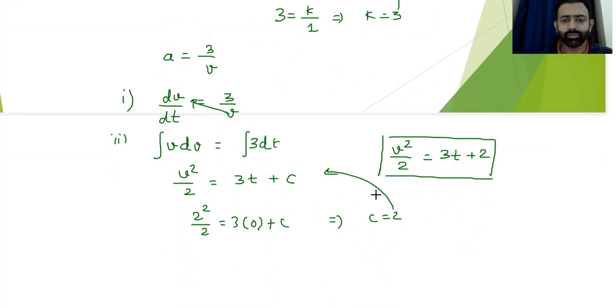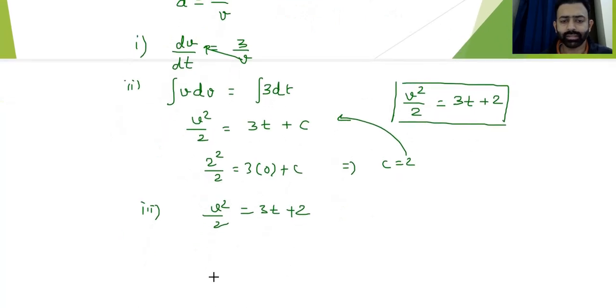So putting this value in the equation v square over 2 is equal to 3t plus 2, with v as 8. So 8 into 8 is 64 over 2, is equal to 3t plus 2. That means 32 minus 2 is 30. So 30 is 3t. That means t is 10 seconds.